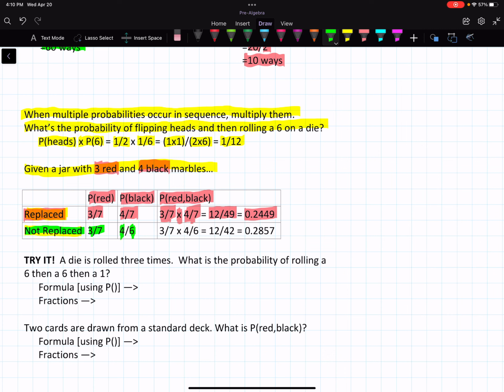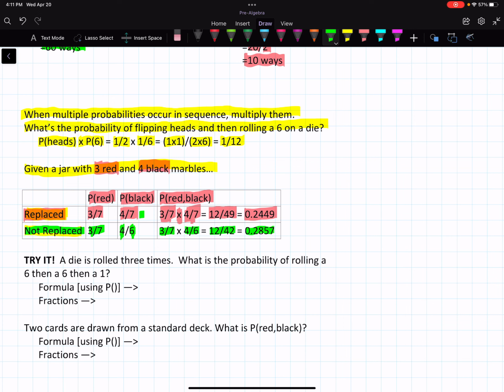So the probability of drawing black in this scenario is 4 over 6 instead of the 4 over 7 that we saw the first time. So we take that 3 over 7 probability of red times the probability of then drawing black, and we end up with 12 over 42, which is about 28.5% or 28.6% chance of doing that.